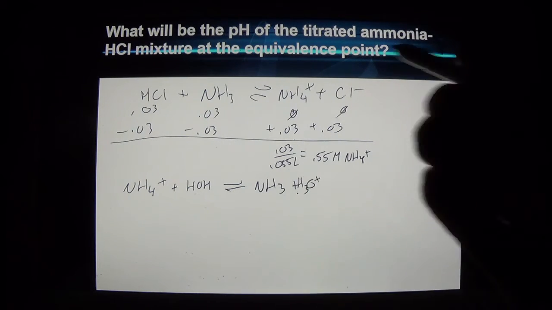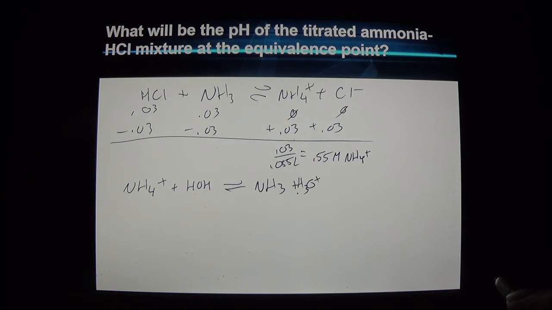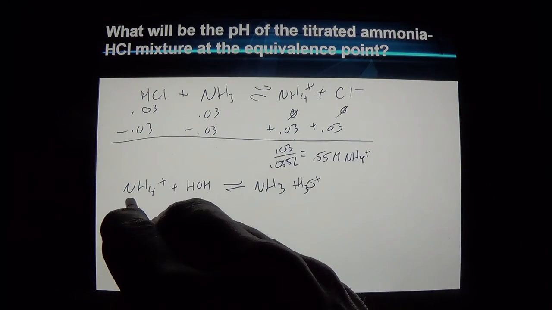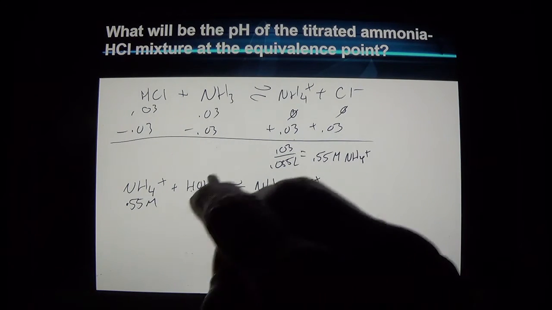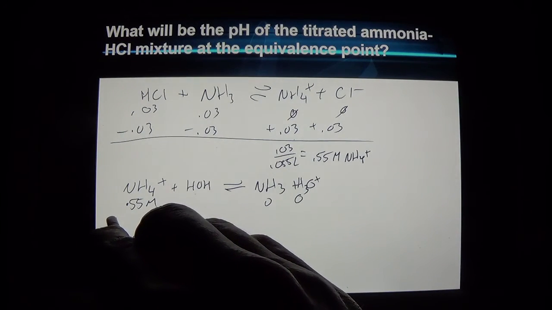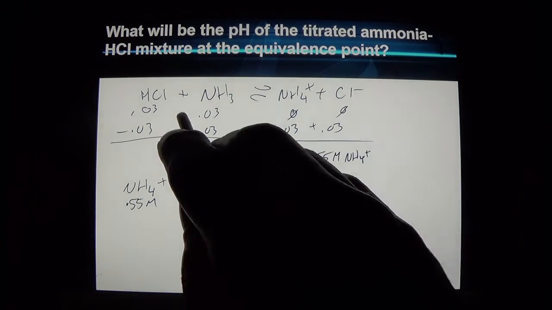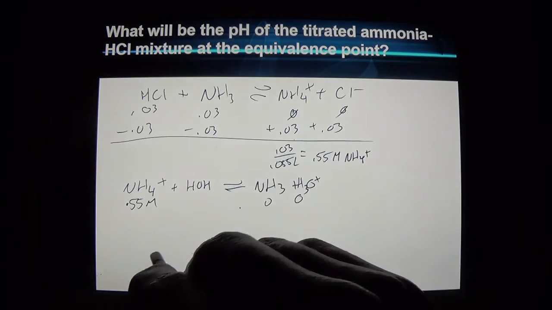Now I could take water out, but I just feel like having the water left in. To what extent is this going to happen? Well, I have 0.55 molarity there, and I have 0 of that, and I don't care about that. And I have 0 of that because I've already neutralized what I thought I had in the beginning.